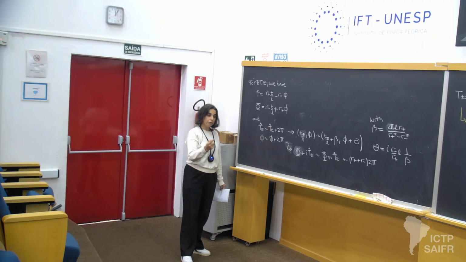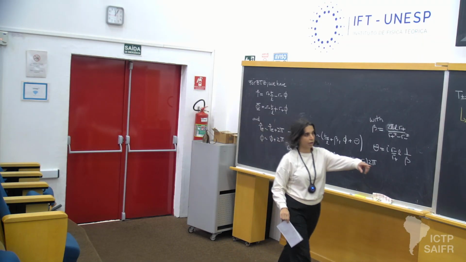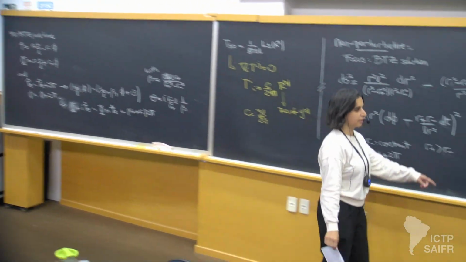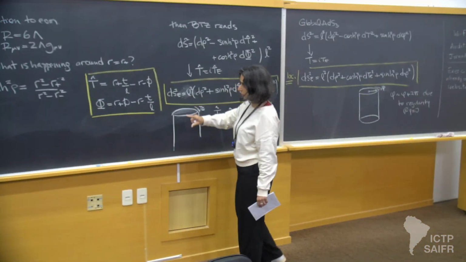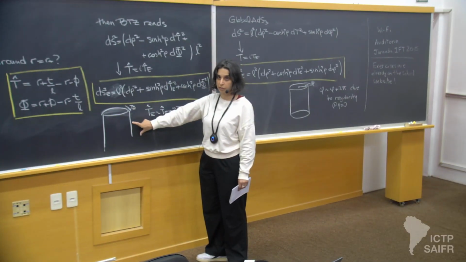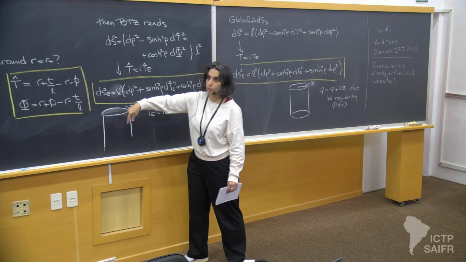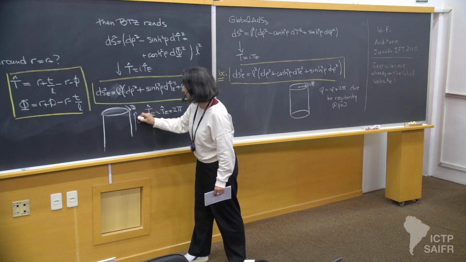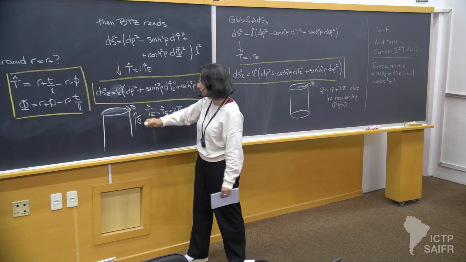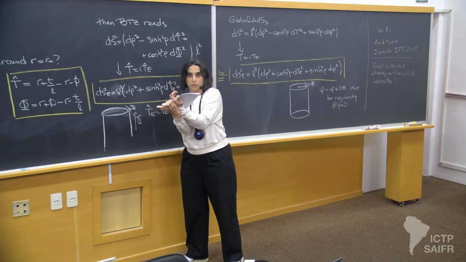Why am I writing that? It's because now I want to draw it. Here I was drawing a cylinder, but I shouldn't have, because now I have 2 identifications. One tells me that t_E is periodic, and in this other angular type coordinate, the second line is telling me that I'm gluing these 2 things together.